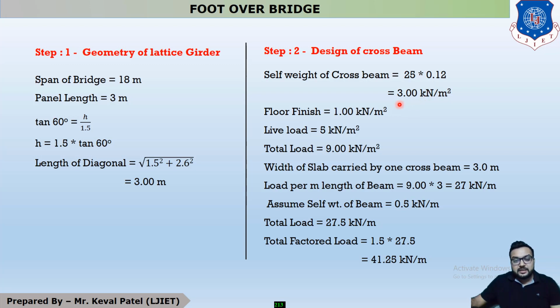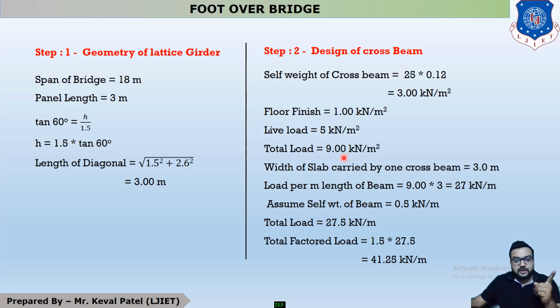So it is 3 kilonewton per meter square. Floor finish is 1 kilonewton per meter square and live load is 5 kilonewton per meter square. So your total load which is transferred from the upper system to the cross beam is 9 kilonewton per meter square.